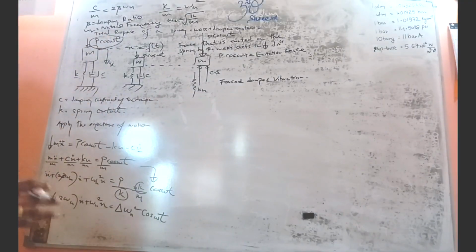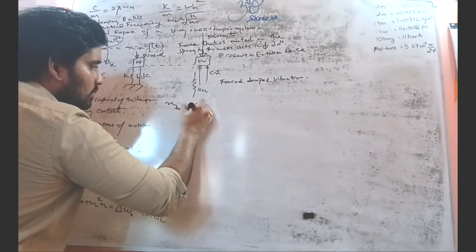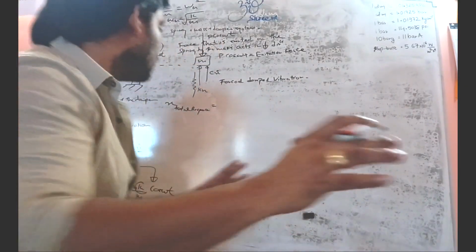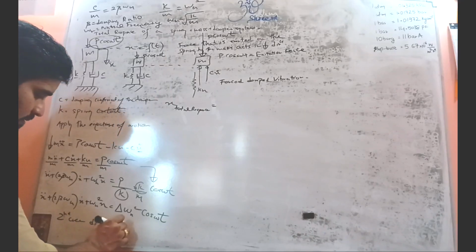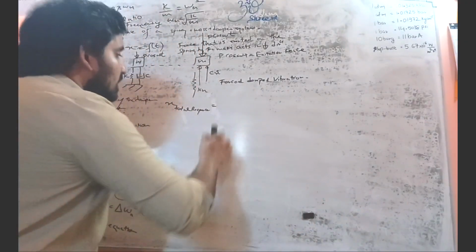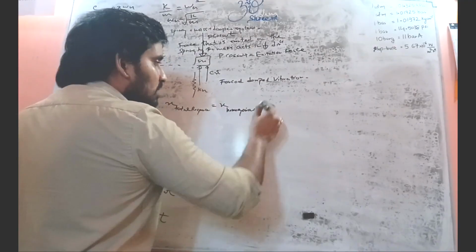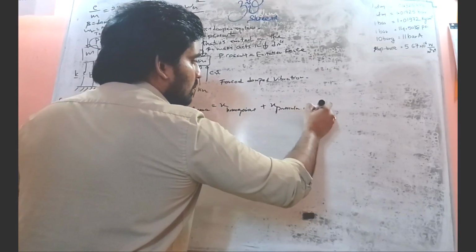So now, if I consider the total response, X, this total response has two parts. What is the first one? Now, this is a differential equation, a second order differential equation. So if you are going to solve that, there will be two parts. One is the homogeneous solution plus the particular integral.